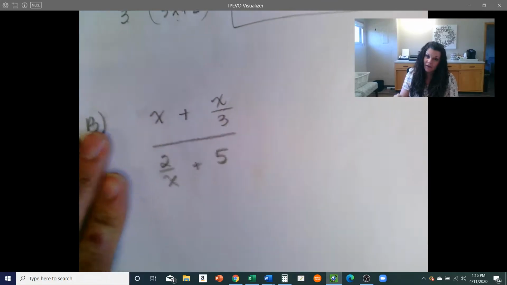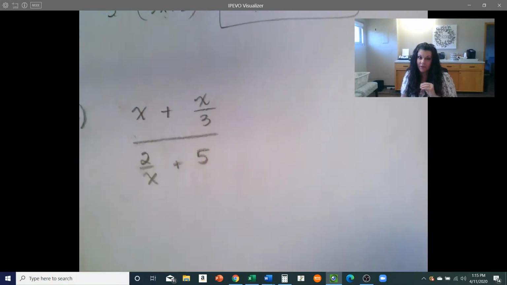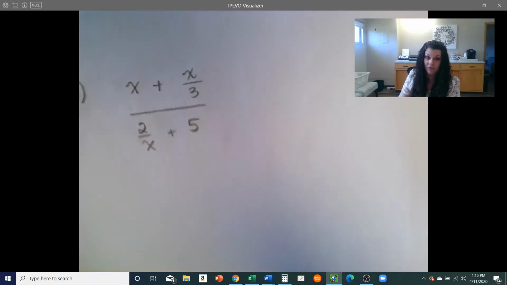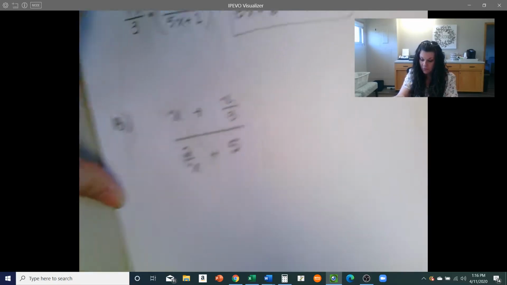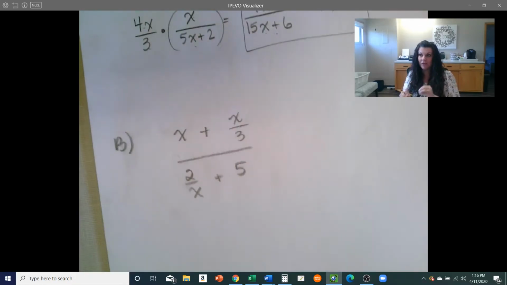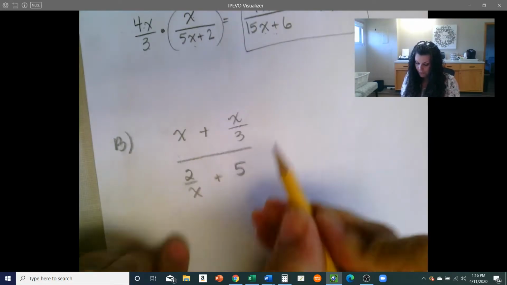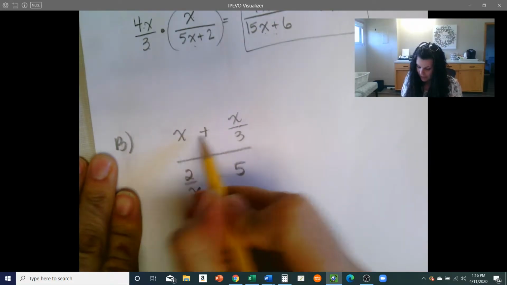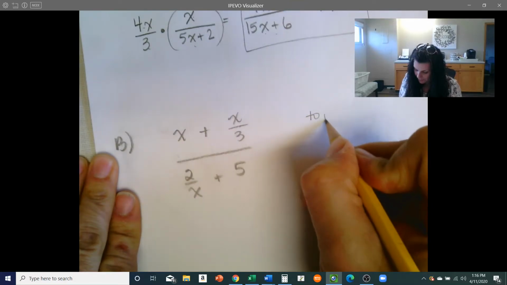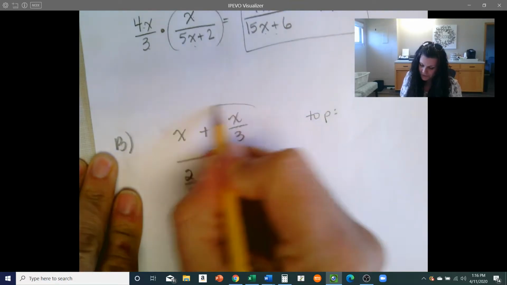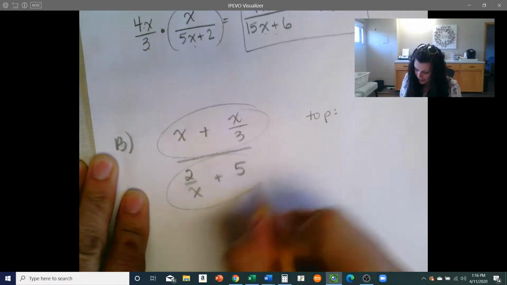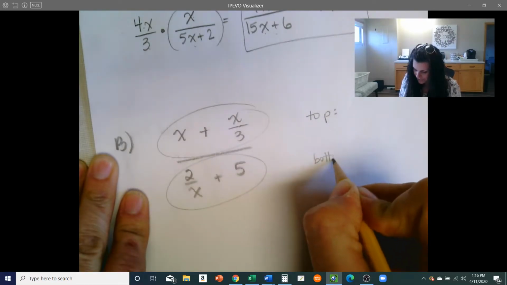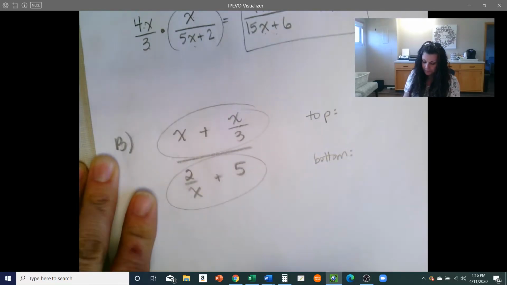The next way is going to seem a little bit strange, but it's actually way, way more efficient. So you just have to stop and think about what you're doing, take it in steps, and follow what I'm showing you. Okay, so I want to look at my top, which is kind of like your numerator, and my bottom, which is my denominator.